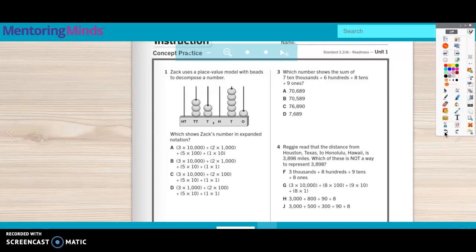But you should be able to understand this is 100,000, 10,000, and 1,000. So if you count very carefully, once again, I would not suggest you look at the answer choices yet. I would suggest you look at the picture and make your own answer first. I'm not looking at the answer choices right now. I'm just making my own answer.